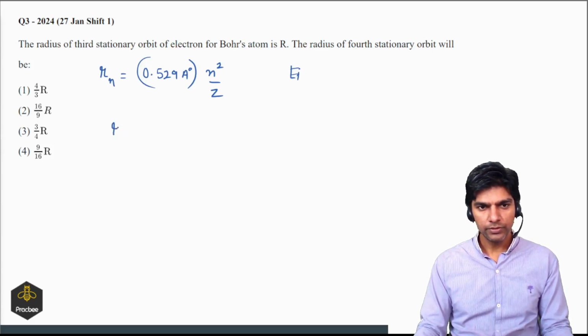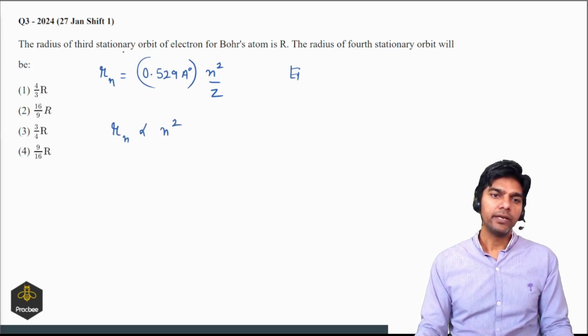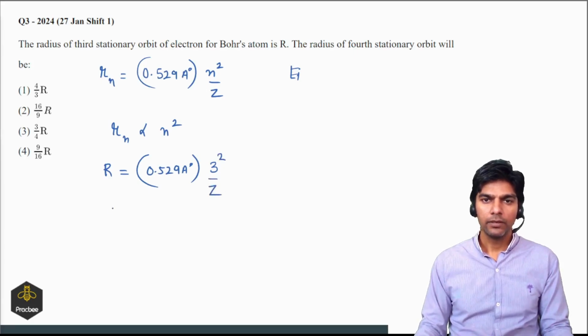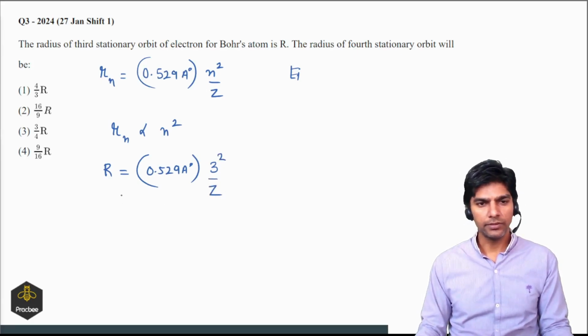So here what you have to use, Rn will be proportional to n square. The radius of third stationary orbit of electron for Bohr's atom is given as capital R, which is 0.529 angstrom times 3 square by z, and we have to find the radius of fourth stationary orbit.